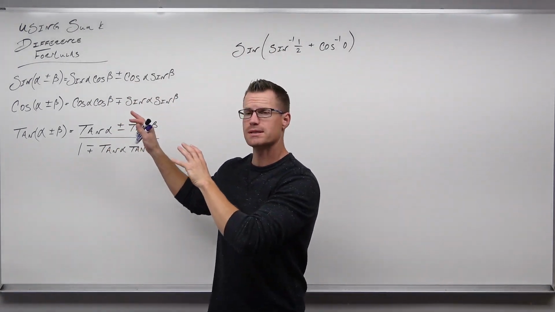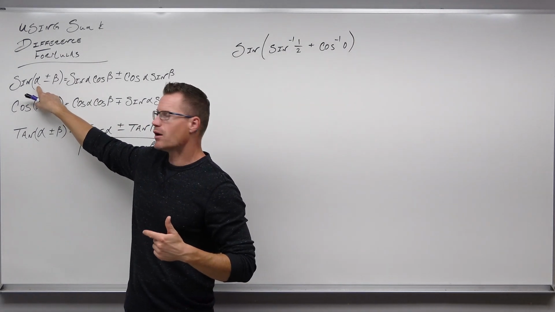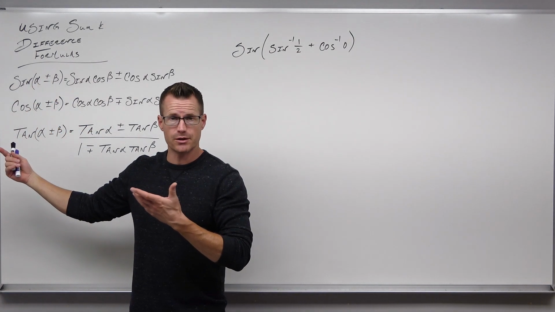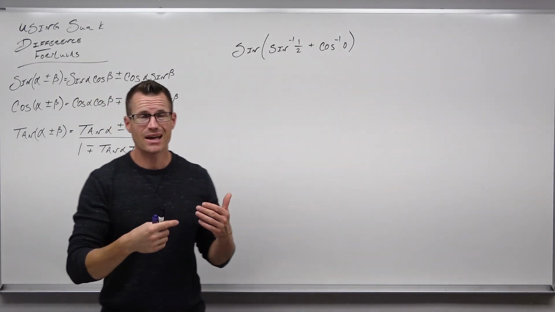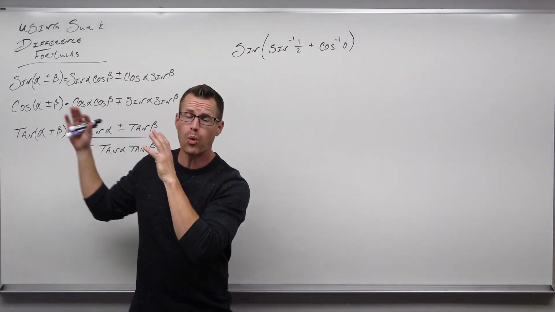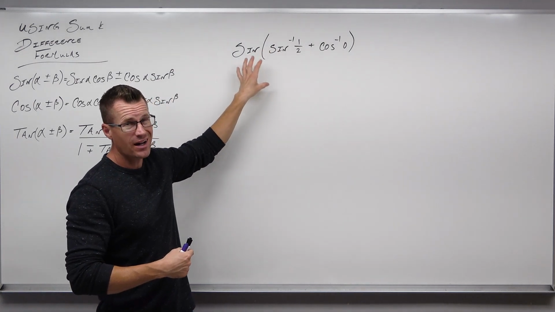That's why these formulas exist. Because if you could do that, sine of alpha plus beta would be sine of alpha plus sine of beta. Well, that's not true. Sine of alpha plus beta is all of this right here. So it's not like we can just say, I'm going to distribute. It's non-distributable. That's why the formulas exist. So we have to really work on this before we can even touch that.